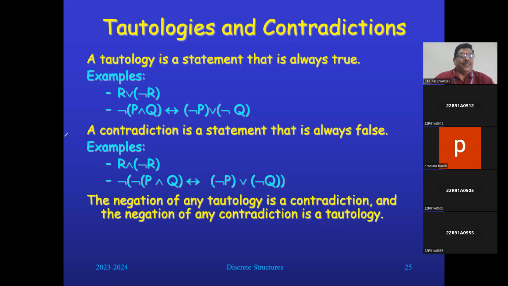Again, if R is false, negation of R is true, so false and true is again false. So a contradiction means that all the resultant values are false.